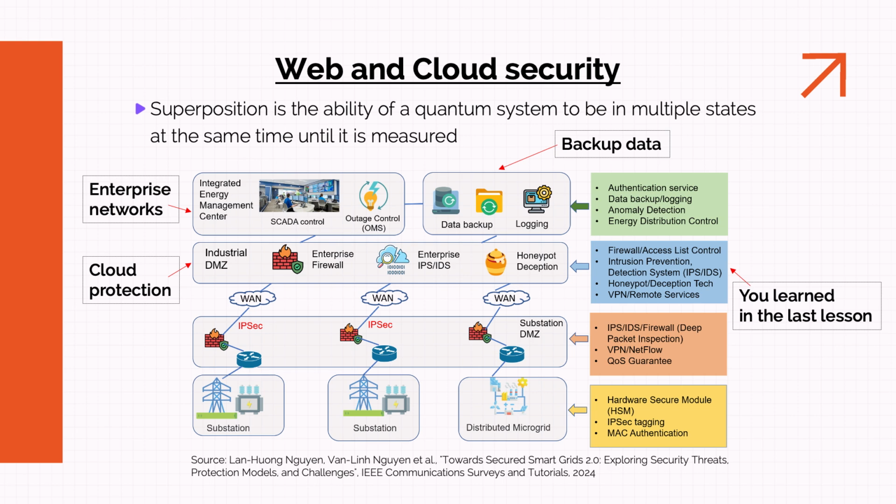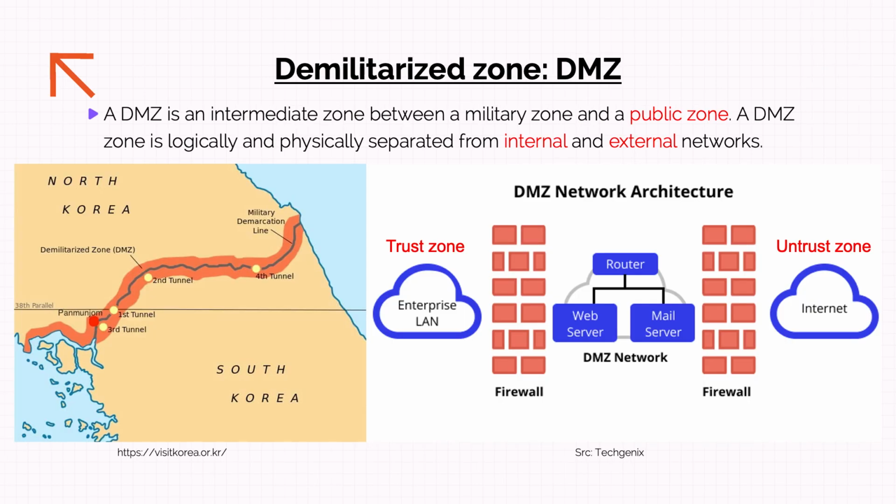Okay, we will look in more detail at the enterprise network and cloud. In the last lesson you already learned about IDS, IPS, and firewall. So today we'll look at enterprise network and cloud protection. Here is a DMZ, which I think is a famous one. In North Korea and South Korea, we have a DMZ, or demilitarized zone, that just separates two countries.